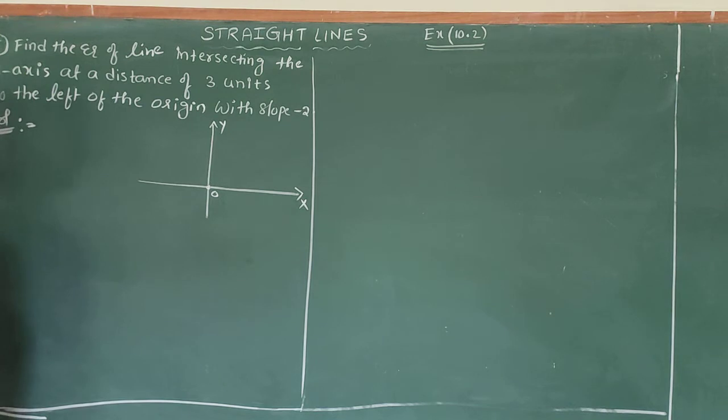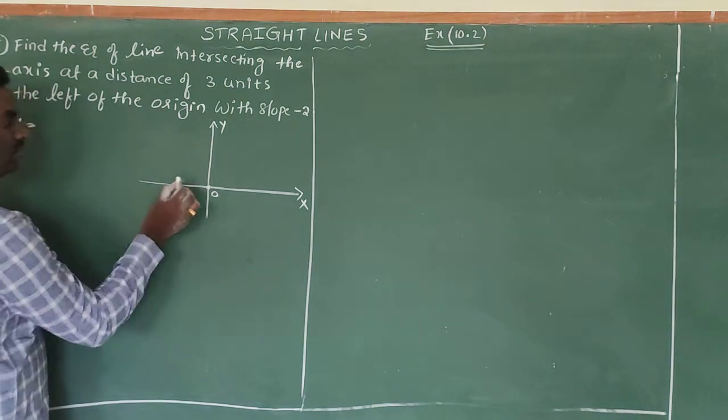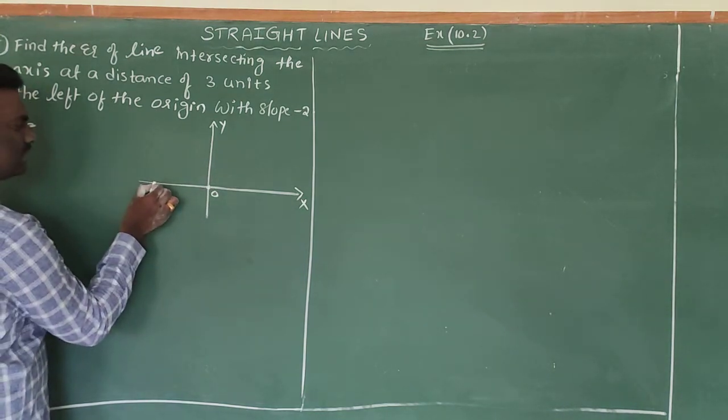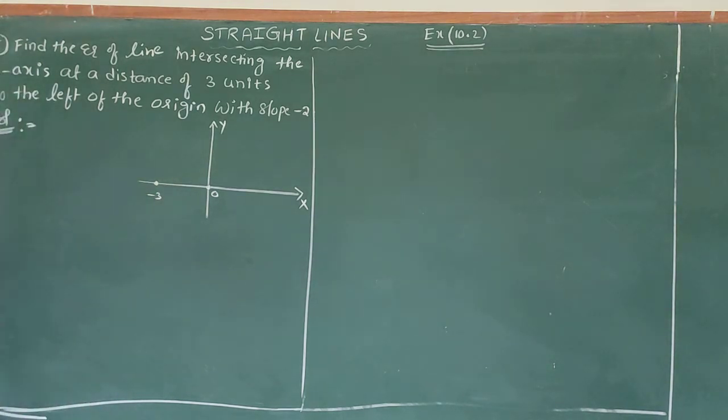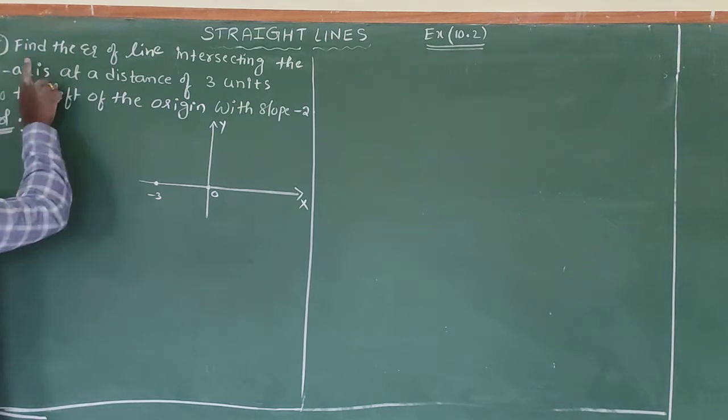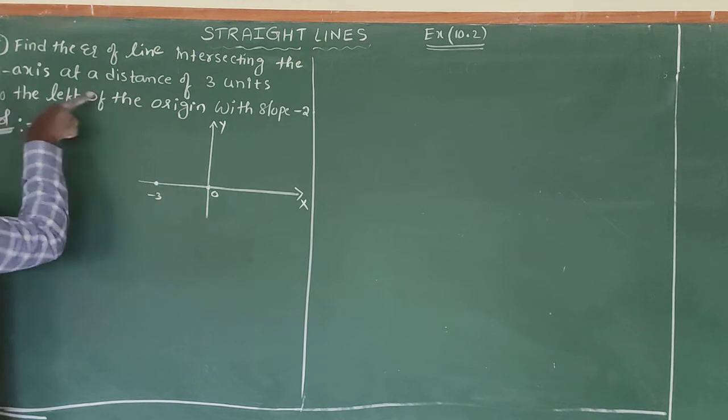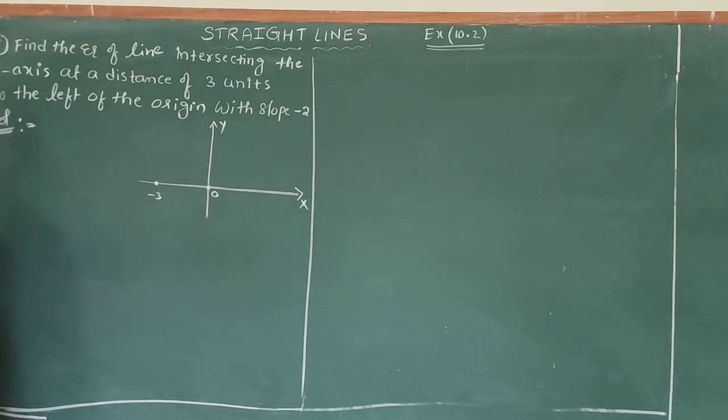Left of the origin means 3 units left, that is -3. Understood? That is -3. So find the equation of line intersecting x-axis 3 units to the left of the origin with slope -2.